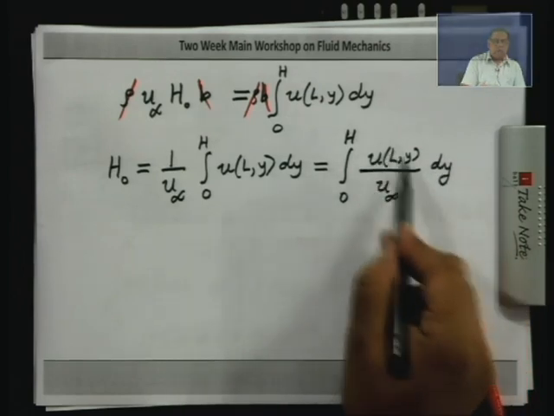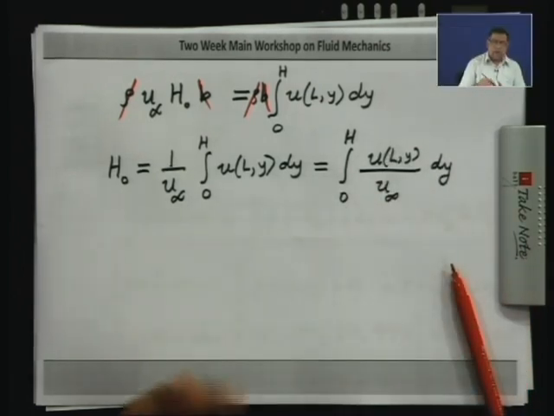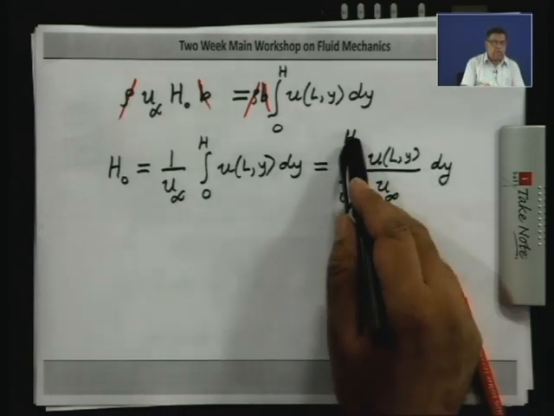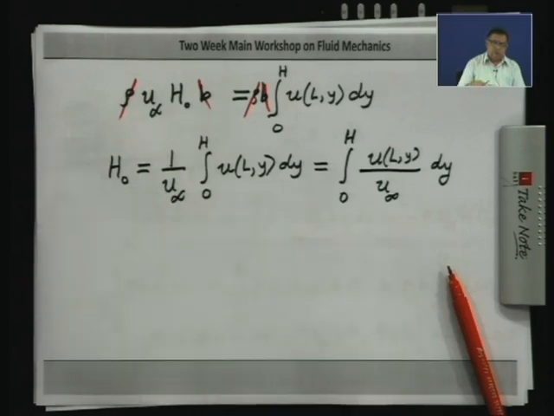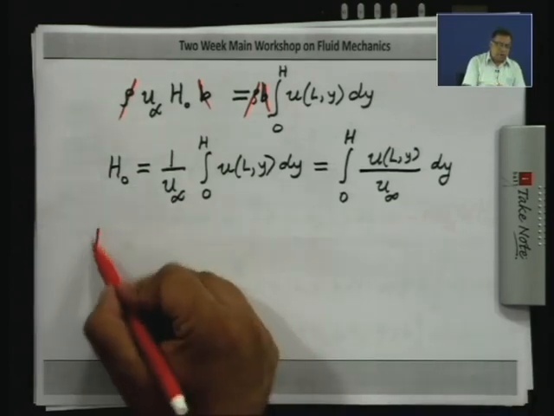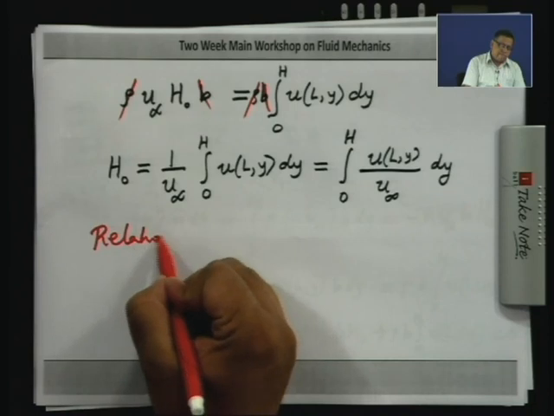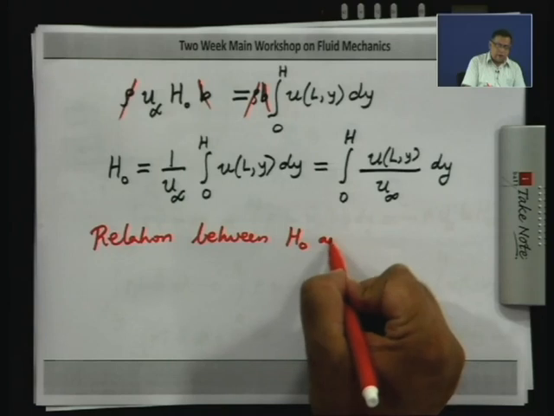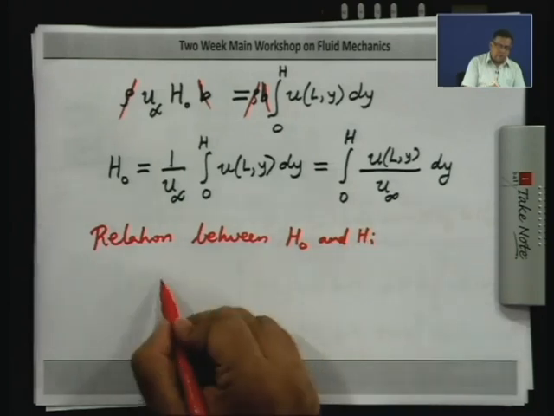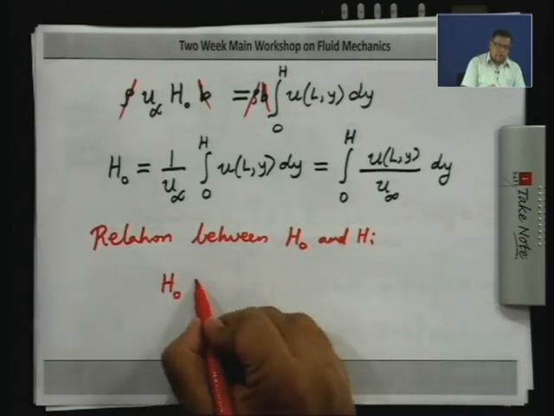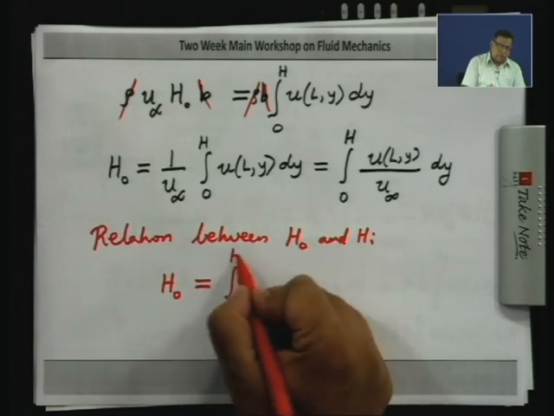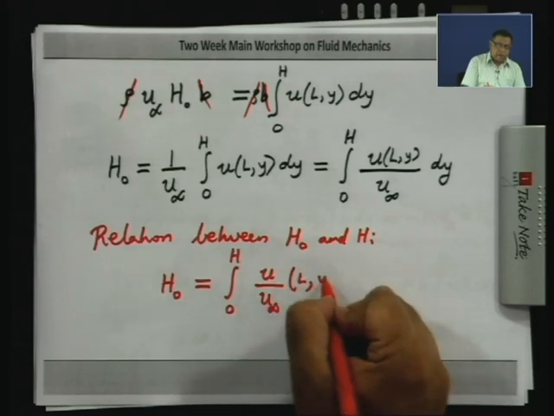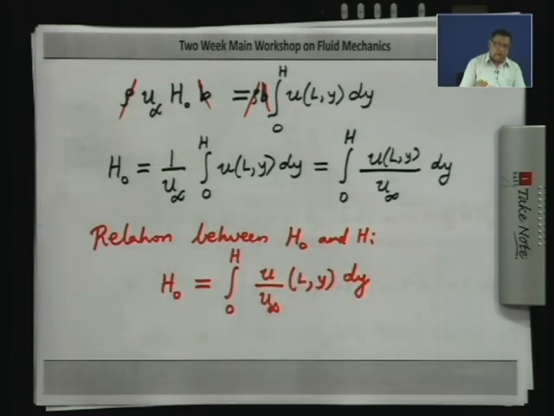So, this you can view as a sort of non-dimensional x velocity, u by u infinity, at x equal to L. If you integrate this with respect to y from 0 to h, you get h naught. So, this is the relation between h naught and h. h naught is the integral 0 to h of u by u infinity at x equal to L and y dy.